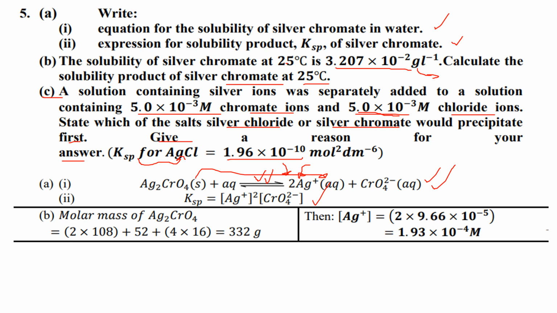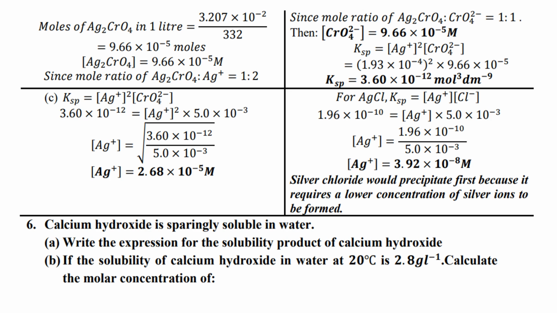Since we are given solubility in terms of grams per liter, we are supposed to convert the grams to moles. So we calculate the molar mass. The molar mass of silver chromate is 2 times 108 plus 52 plus 4 times 16, which gives you 332 grams. To convert our given solubility from grams to moles, we take the grams present in 1 liter and divide by our molar mass.